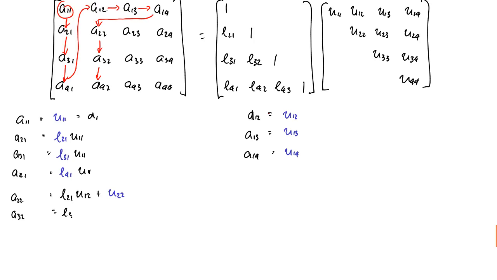L31, U12, plus L32, which is unknown, U22, which is known. Okay, so we're still satisfying this property that each time we get to a new equation, there's only one new variable, so we can solve for it in terms of the preceding ones.